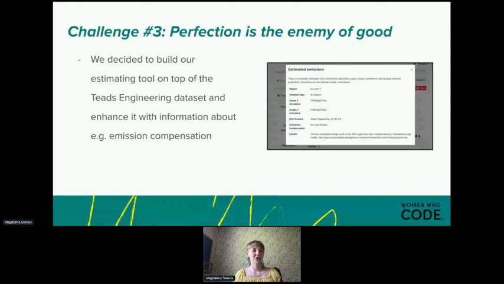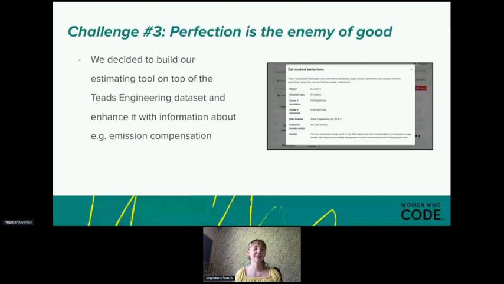So the challenge here was that as engineers, we really want to get the exact numbers. We are taught to be precise and that everything has to be exact and that there would be a pure right result to this question: how much carbon did I create by running this machine learning training?